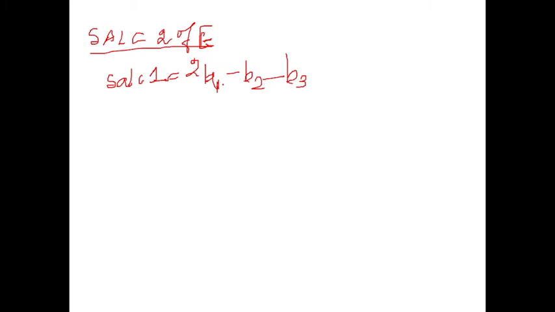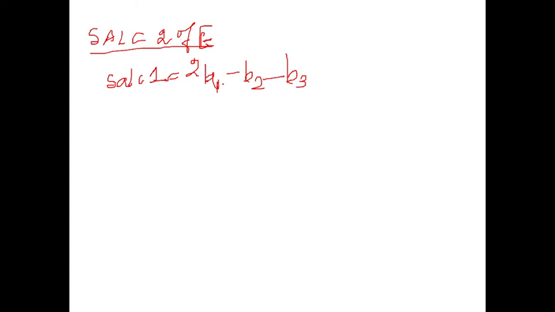So what we have to understand here is, when this E symmetry is concerned, if you see the character table, you all will remember that in E symmetry x and y will transform together. Now if this B1 is corresponding to x axis, then the same thing will happen to B2 also.